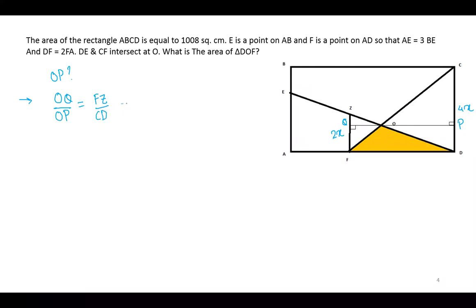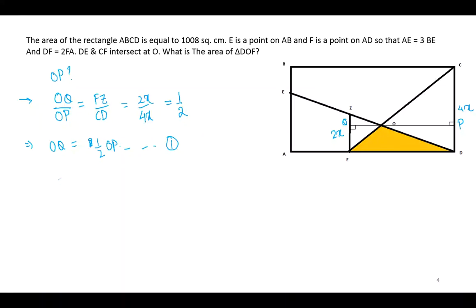Now we already know this is 2x by 4x, which is equal to 1 by 2. So OQ is nothing but half times OP. This is one thing.